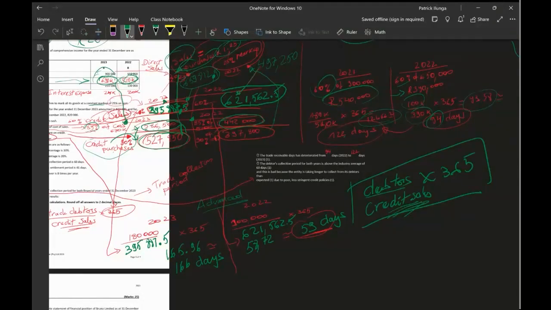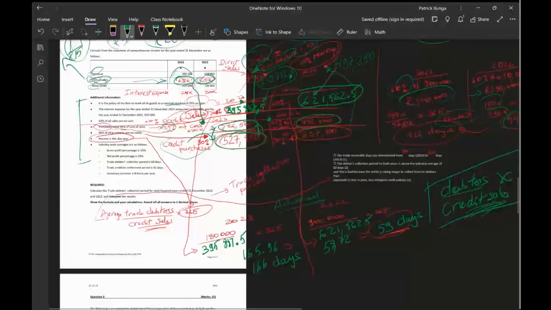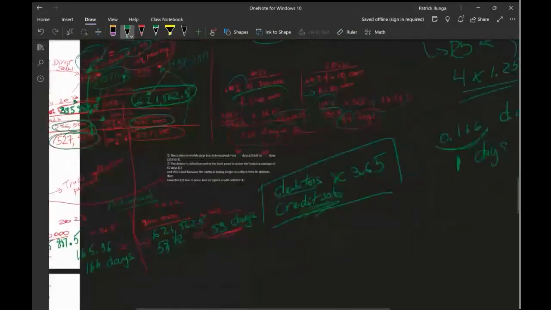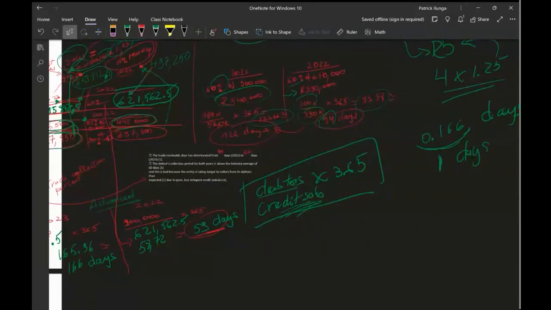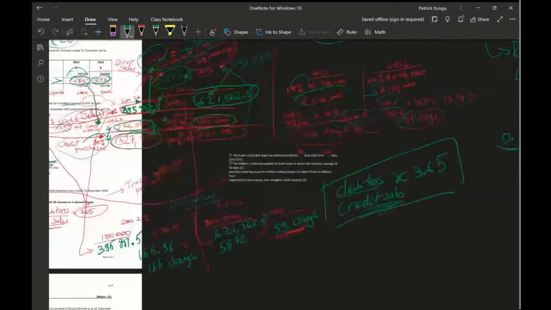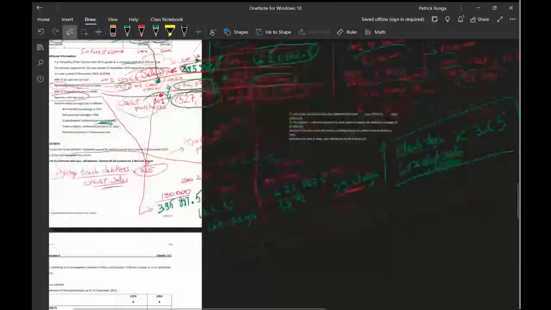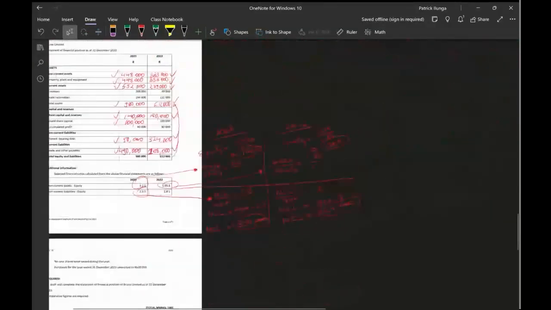And again, you also have to look at the industry. They told you that the industry trade collection is 60. So when you have 94, it is way over the industry. So these are the things you just needed to say there to interpret your results, okay?